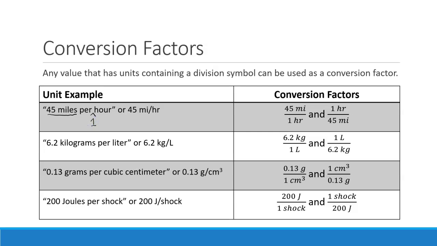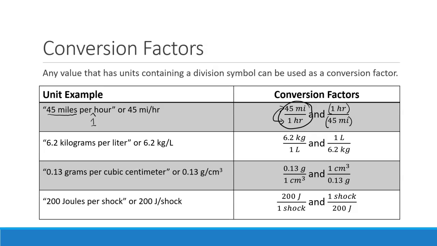Then you can create your fractions as you see here. You can put the 45 miles on top and the 1 hour on bottom, or again, we can flip it, but when we flip it, the 45 has to stay with the miles and the 1 with the hour.